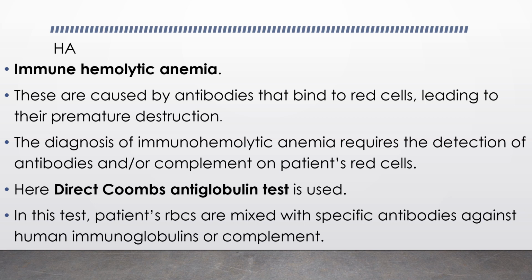Direct Coombs antiglobulin test is used. So patients' RBCs are mixed with specific antibodies against human immunoglobulins or complement. If complement or human immunoglobulins are present in that mixture, then we'll see agglutination and come to know that it's an immune hemolytic anemia.